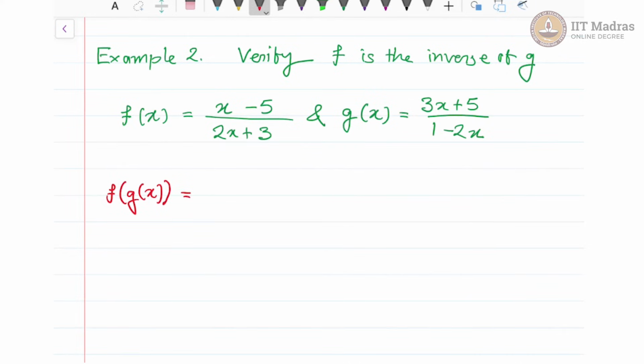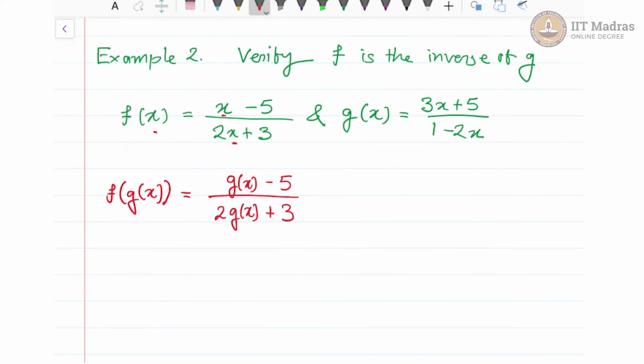So if I start with f of g of x, as per our notion, what we will do, we will simply keep this g of x in place wherever f has an argument x. So we will take this and we will put g of x wherever x is written there. So let us do that exercise. That is g of x minus 5 upon 2 times g of x plus 3. Okay, this is f o g of x.